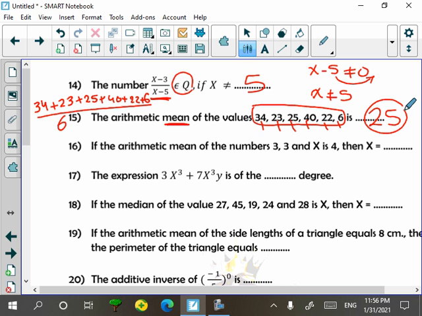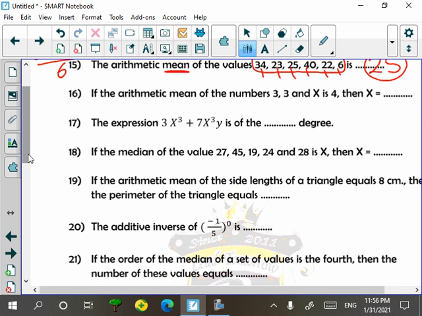Okay, number 16. If the arithmetic mean of the numbers 3, 3, and x is 4. Okay, the arithmetic mean is 4. How can we solve this question? We can write 4 equal the arithmetic mean equal 3 plus 3 plus x divided by the number, equal 3 numbers.